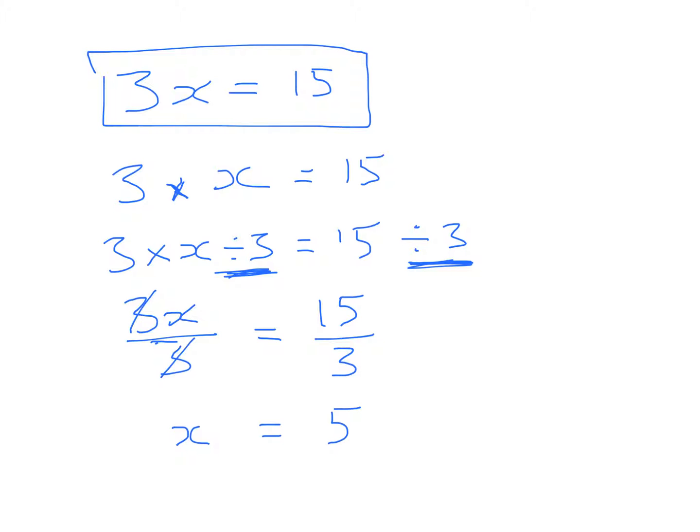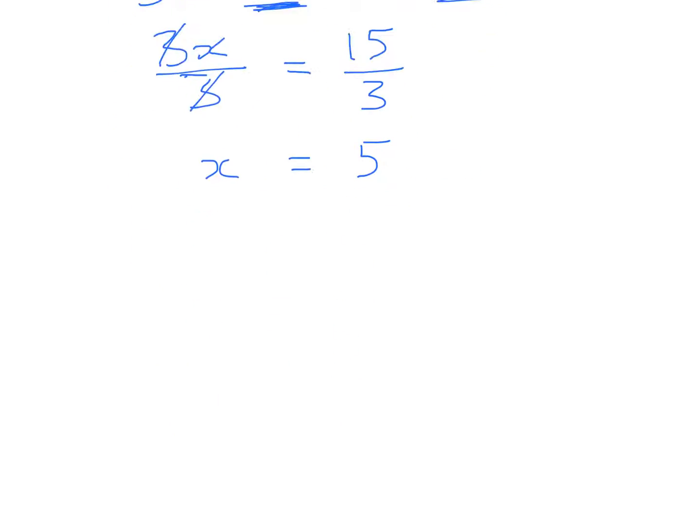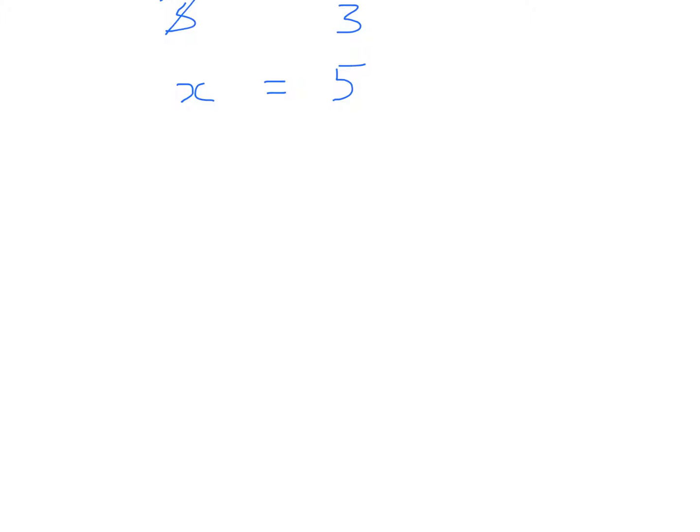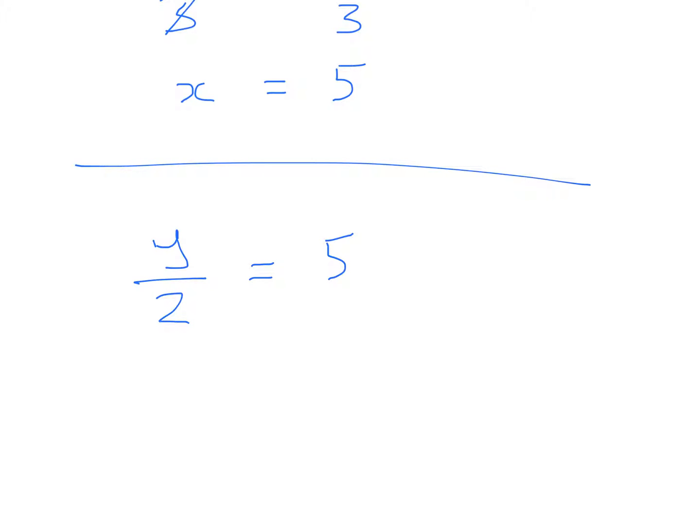Okay, so there's one more slightly awkward example for this, and this might be when you have a fraction as a coefficient. So if you had, say, y over 2 equaling 5.